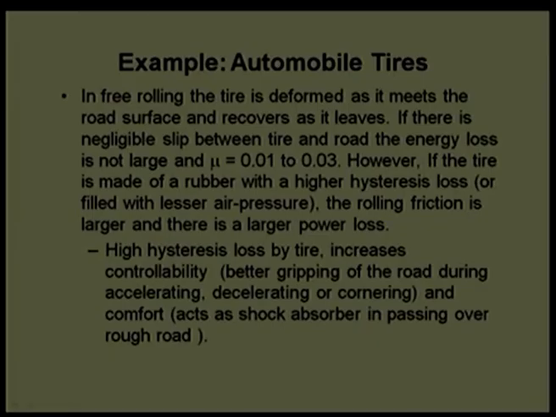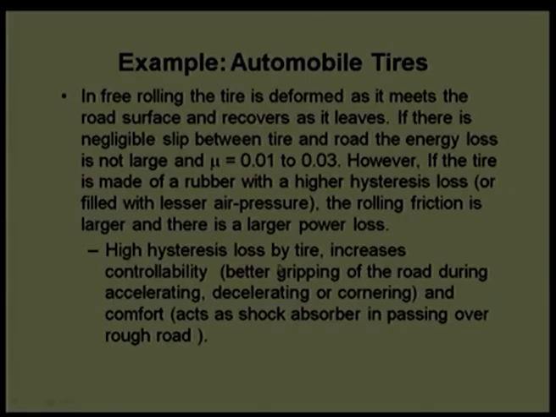So, next time we choose a tire for our car, we should choose a rubber tire which has lesser hysteresis. However, choosing that kind of tire may create some problem. When hysteresis losses are lower, with a perfect rolling, there will be some problem related to the steering of the vehicle.